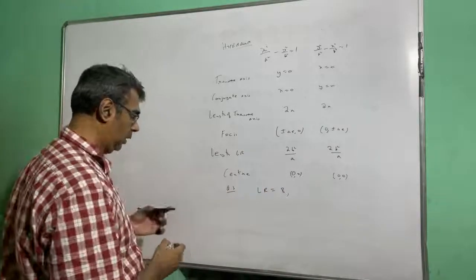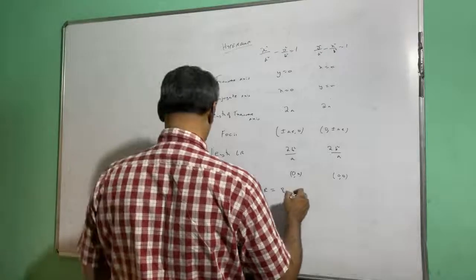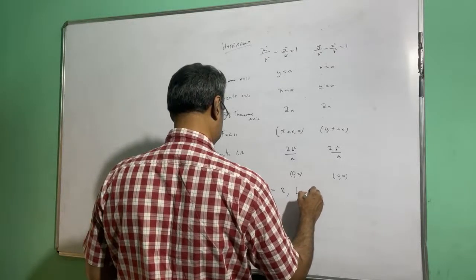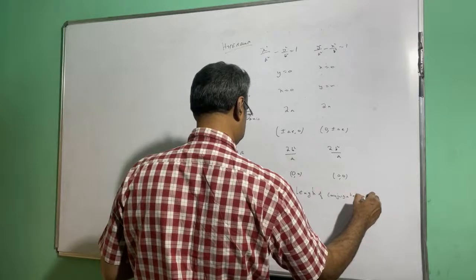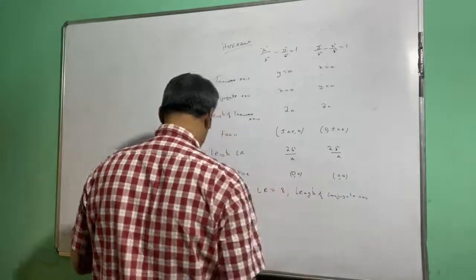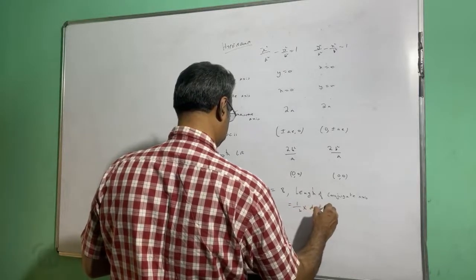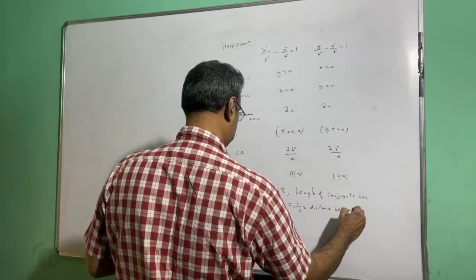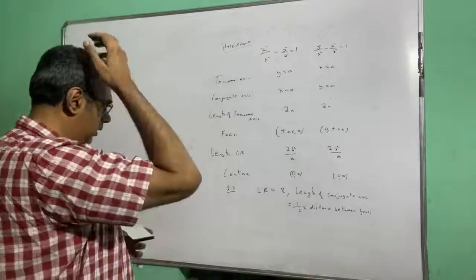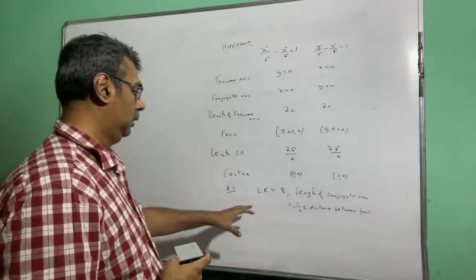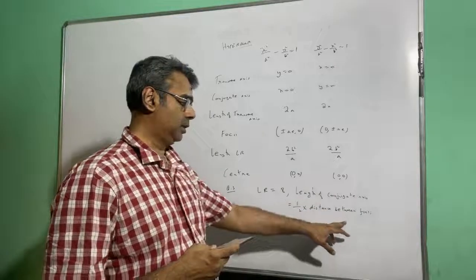So there is a hyperbola whose latus rectum length is 8 and the length of the conjugate axis is half the distance between the foci.